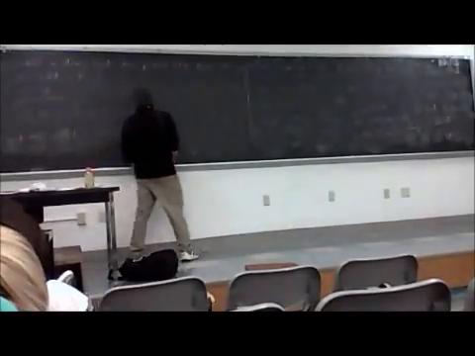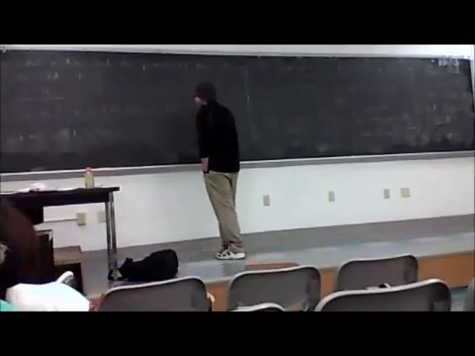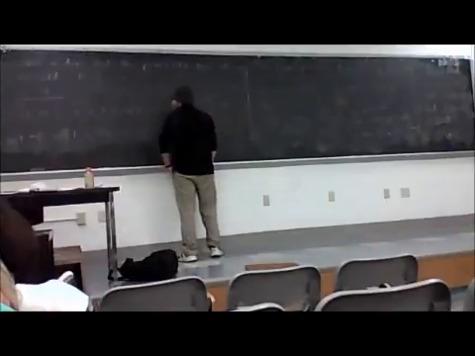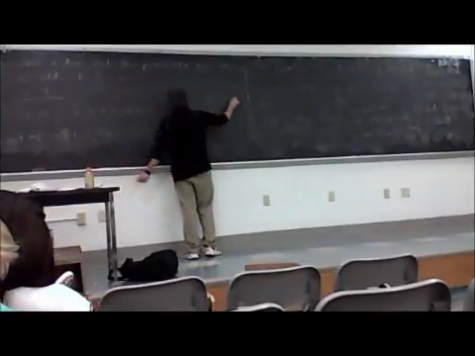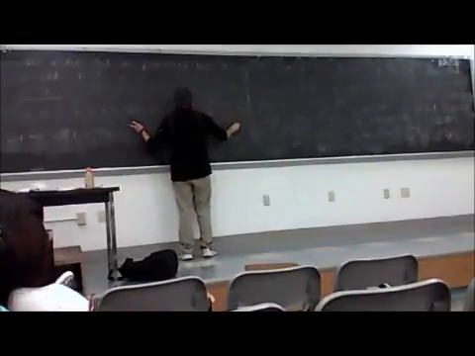If E is the event that the number is odd, then what is set E going to be? 1, 3, 5. So if I want the probability of E, it'll be the number of objects in E divided by the number of objects in omega. How many objects are in E? 3. And how many objects are in omega? 6.